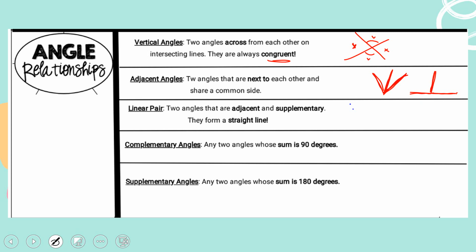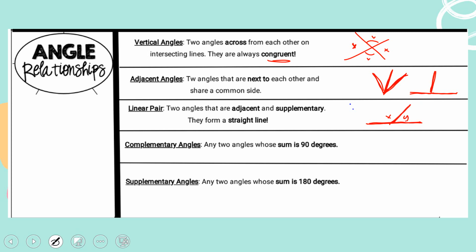A linear pair are adjacent and they form a straight line. So they are like this. They're kind of like the problem we just did. So these two angles together have to add up. Why won't it let me? There we go.